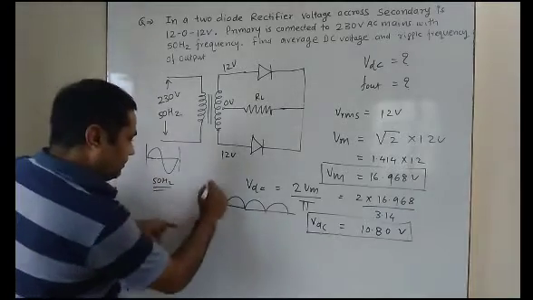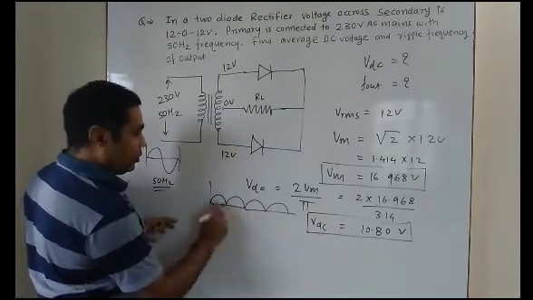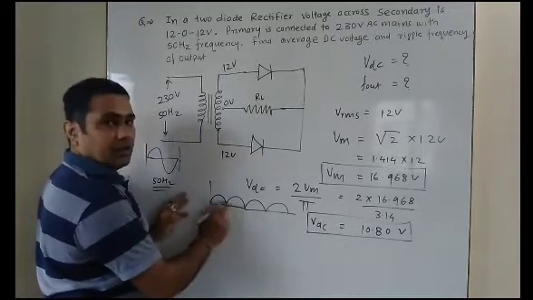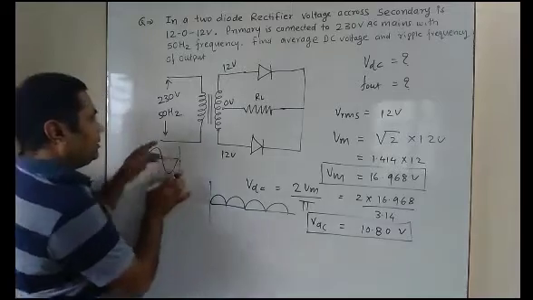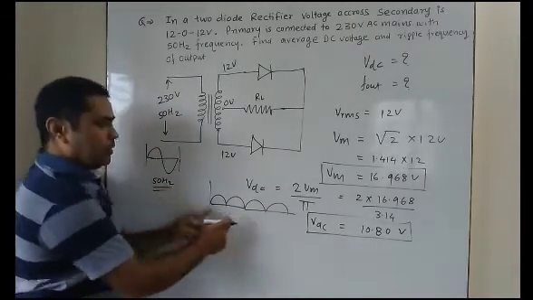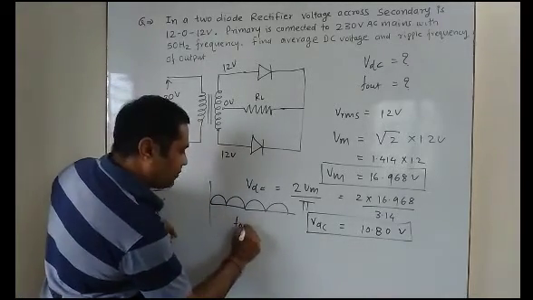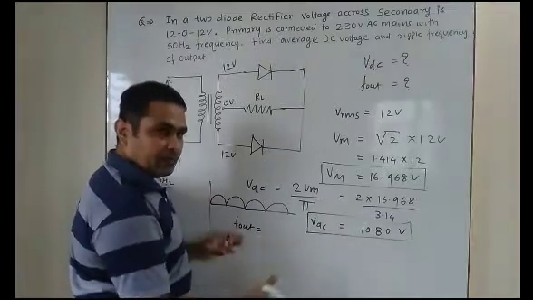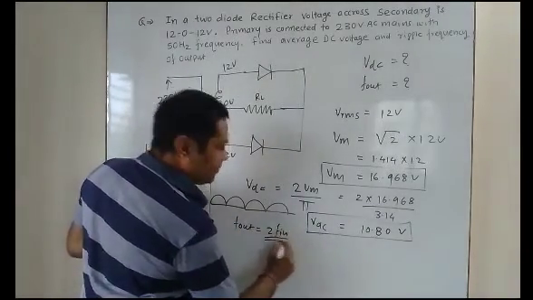But here you can see this is one cycle and now this is the second cycle. So there are two fluctuations in the same given time. So the frequency at the input of this rectifier, if it is 50 Hz, is doubled at the output. So the frequency of the output for a full wave rectifier will be twice the frequency of the input voltage.